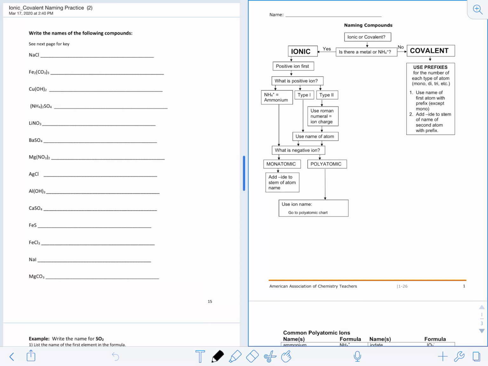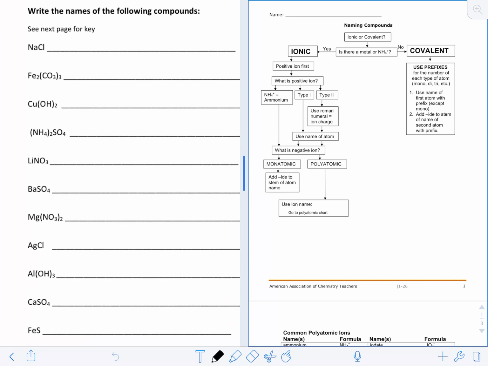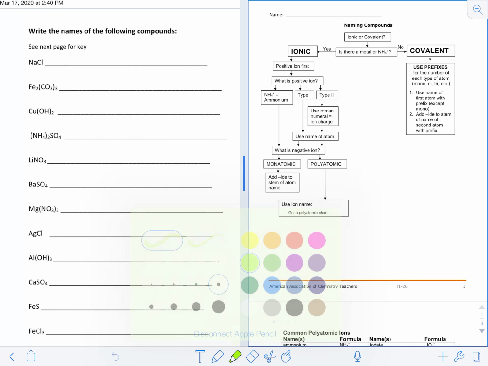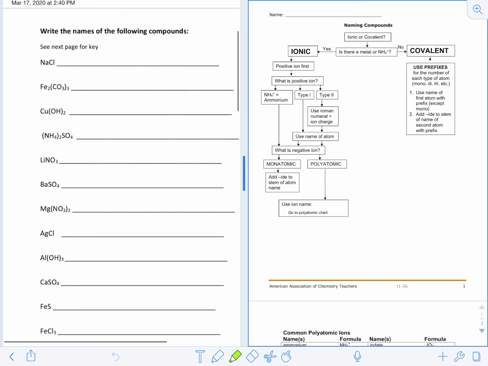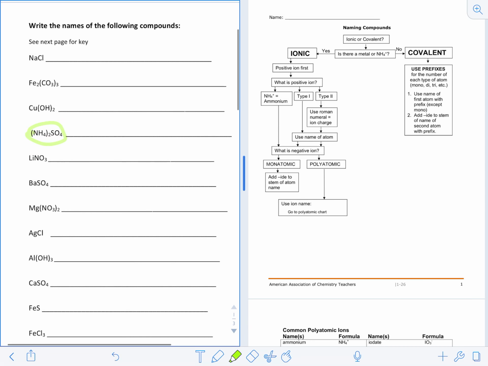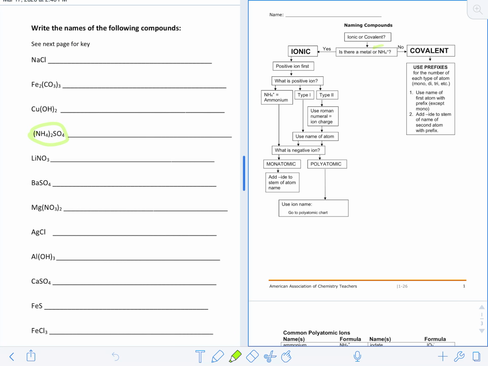So let's start with this formula here. NH4, and notice that there's parentheses around it, and then SO4. Now, if you look at the top of this flow chart, we have NH4 plus.